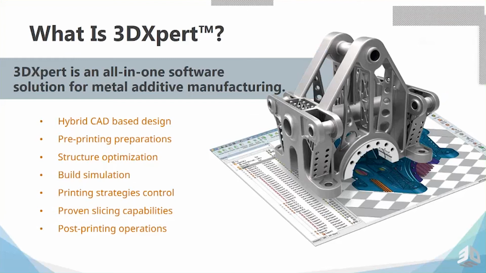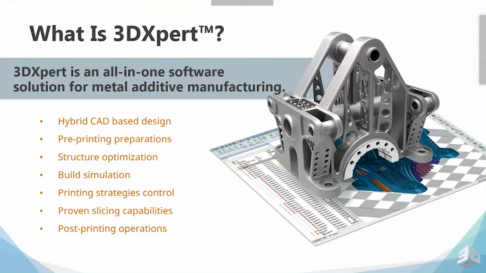Hello everyone, my name is Rocky Borgstrom, and like Dan mentioned, I'm an application engineer, so I use 3DXpert every day for my own parts, and I also help customers achieve their products. So, a quick look at just what 3DXpert is overall. It's an all-in-one software solution for metal additive manufacturing. It's a hybrid CAD design where you can use meshes, solid models, import your data.